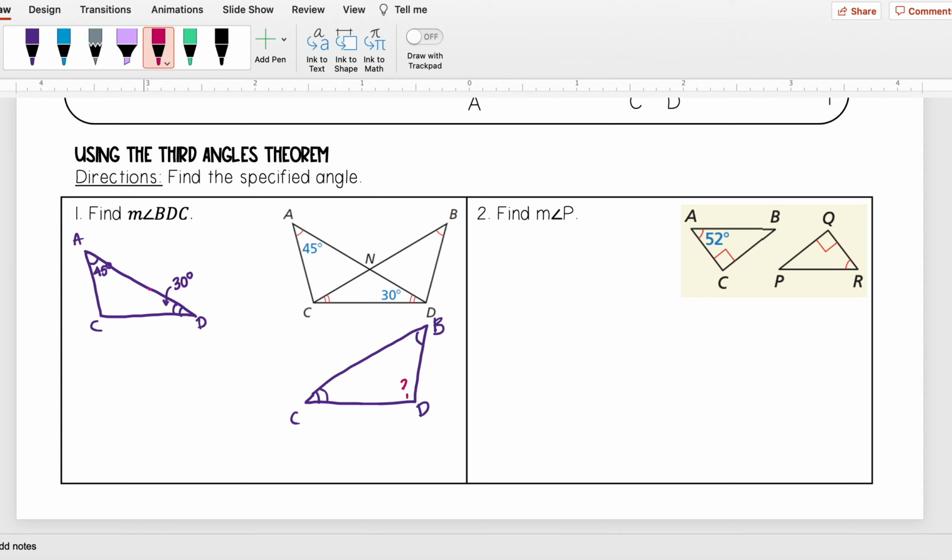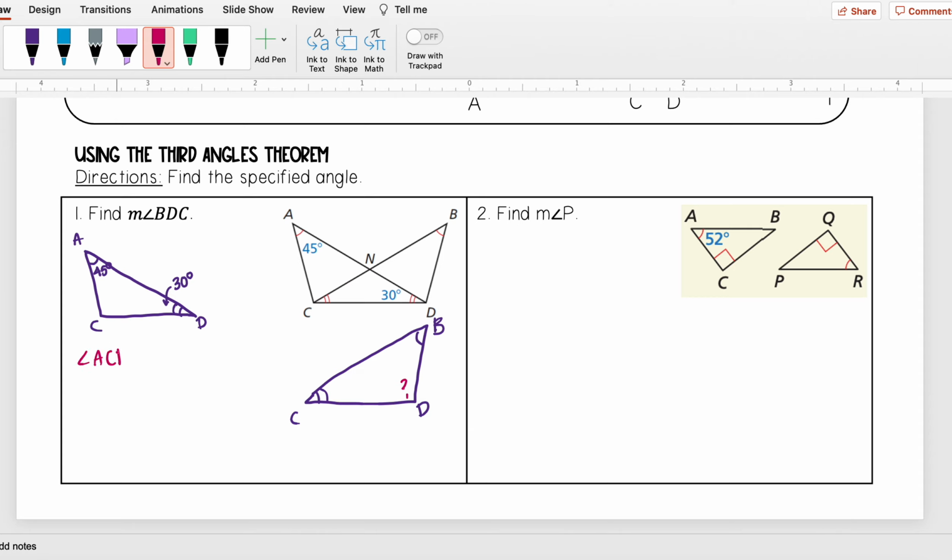So I see I have two angles congruent to two angles of another triangle. And so I know that means that the third angles are also congruent. So I know that angle C is congruent to angle D. Here, let's use the three letters.